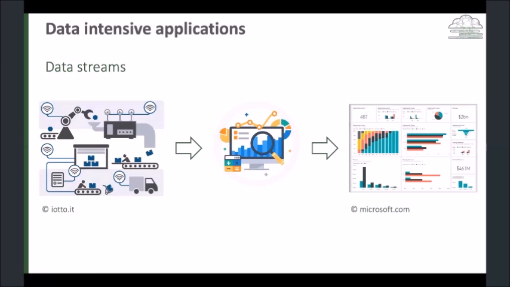This application can perform very quick analysis on these data streams coming from the manufacturing plant infrastructure, in order to create a set of indexes and summarized data that can be used by other applications, to be presented to the final users.